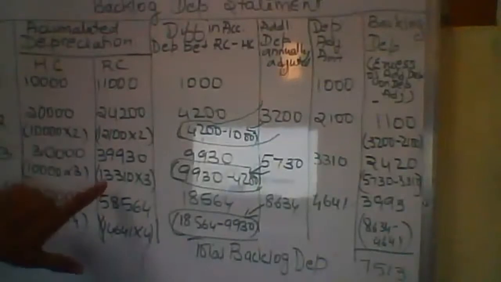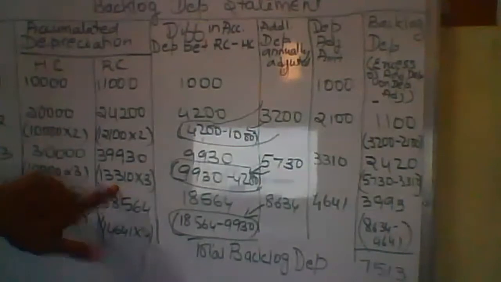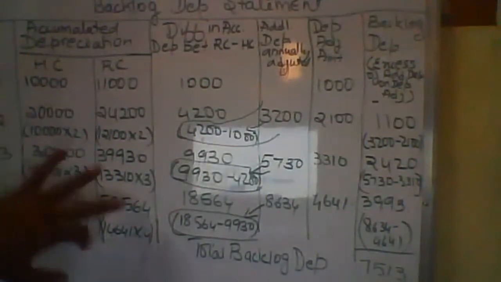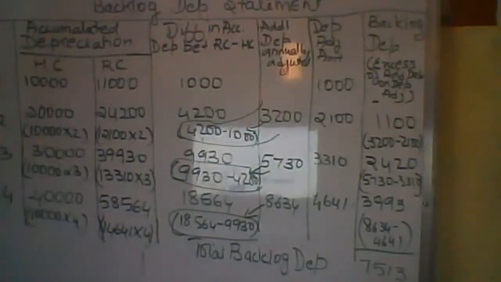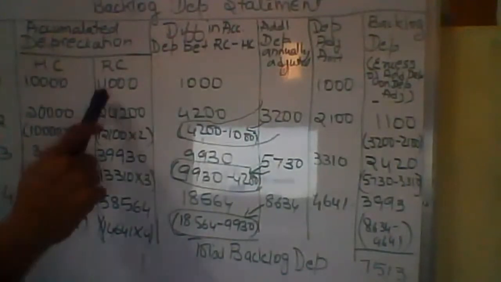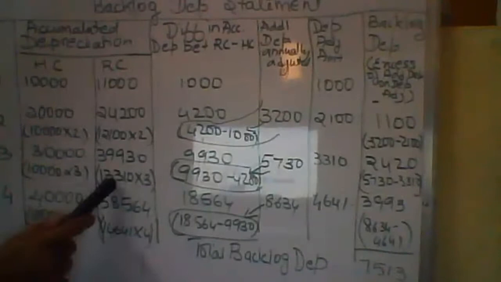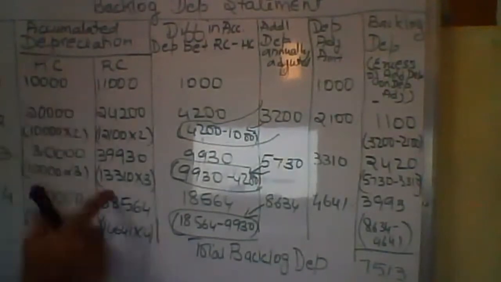In the third year, if every year I take 13,310, then in 3 years I should have taken 39,930. But what did I do? First year I took 11,000. It means it's not 13,310. So 11,000 against 13,310 means a 2,310 difference in the first year.